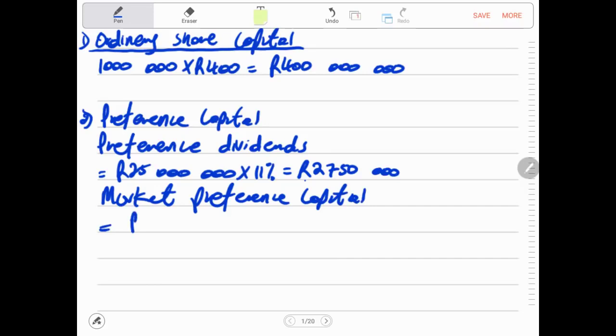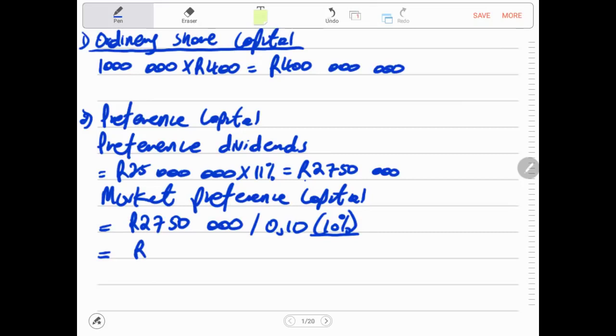So now we say we already have 2,750,000 rands, and we say if these are the dividends that are paid, how much was supposed to be the capital based on the market? So hence we divide this by 0.10, which is 10% in other words. So we are working backwards and say that now that preference shareholders are paid 2,750,000, how much will be the capital according to the market if the market pays the same preference shareholders at 10%.